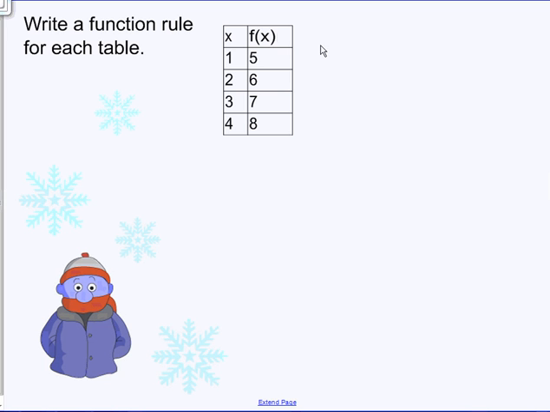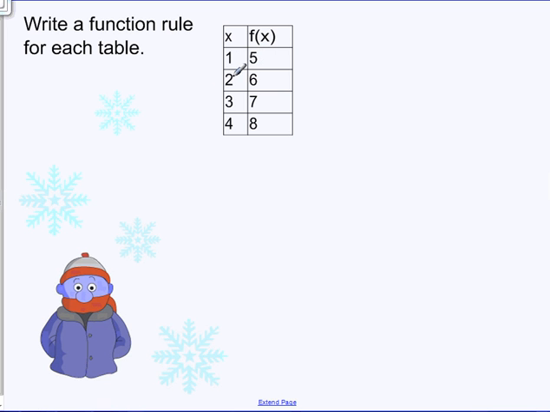What you want to do when you're looking at this is you have your x, or your independent variables, and your y's, or your dependent, or your f of x's, as I wrote here, okay? So in this case, we want to think to ourselves, how does 1 relate to 5? How do I go from 1 to 5?